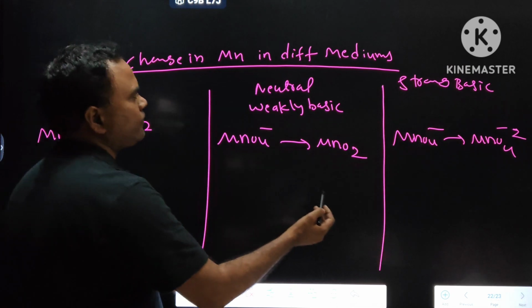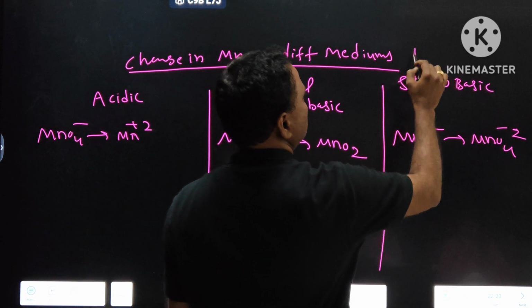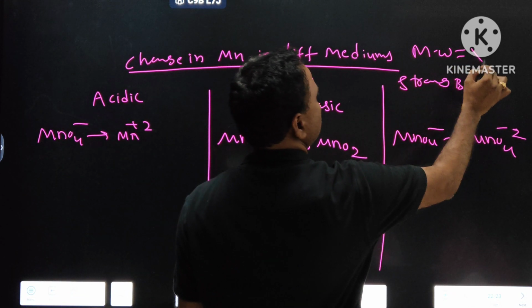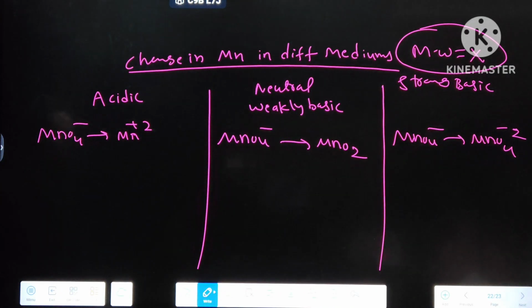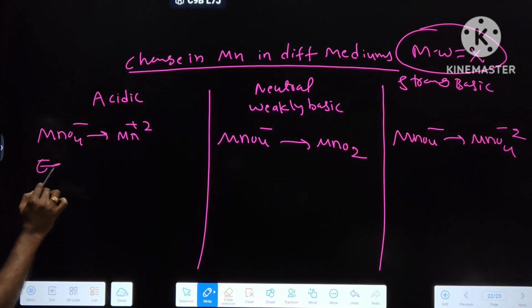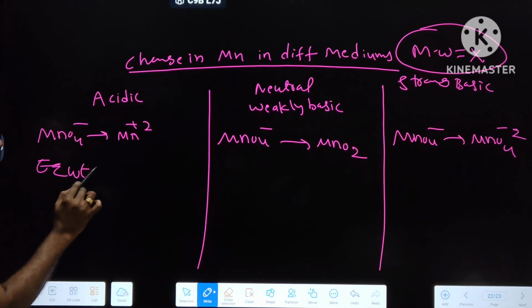Consider the molecular weight of KMnO4 or MnO4 minus as X. Give the answer. In acidic medium, what is the equivalent weight? Find the change in the oxidation state.